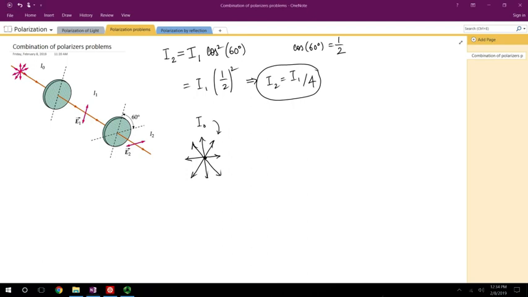Let's pick a random ray, and let's say that its electric field is like that, at an angle theta relative to the pass axis. That's the pass axis of polarizer 1.